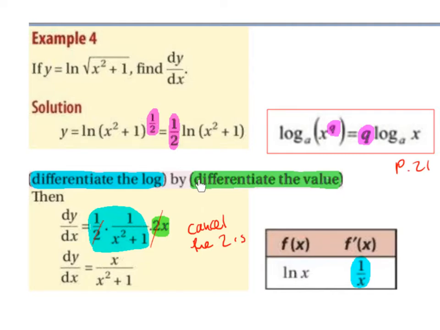And then we multiply that by the derivative of the value, so the derivative of what's inside the bracket. So x squared plus 1, the derivative is 2x. So this is differentiating the outside, this is differentiating the inside. Now the 2's will cancel, and we end up with 1 multiplied by x, which is x, and x squared plus 1 for our denominator.